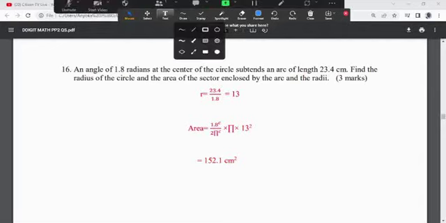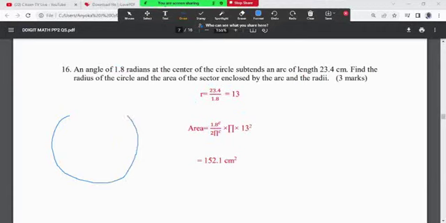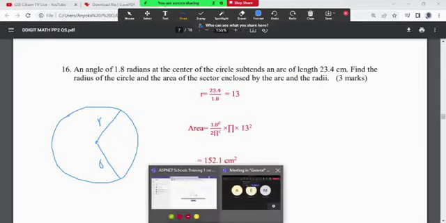Great. This is the angle in radians that we did in Form 3. If this is the center, this is radius.